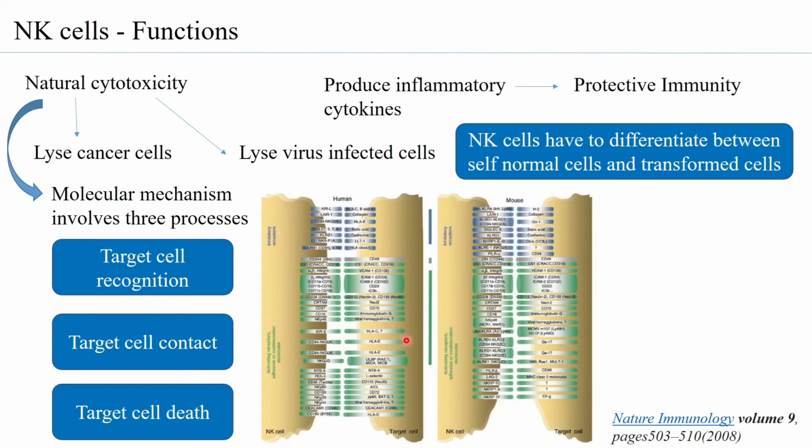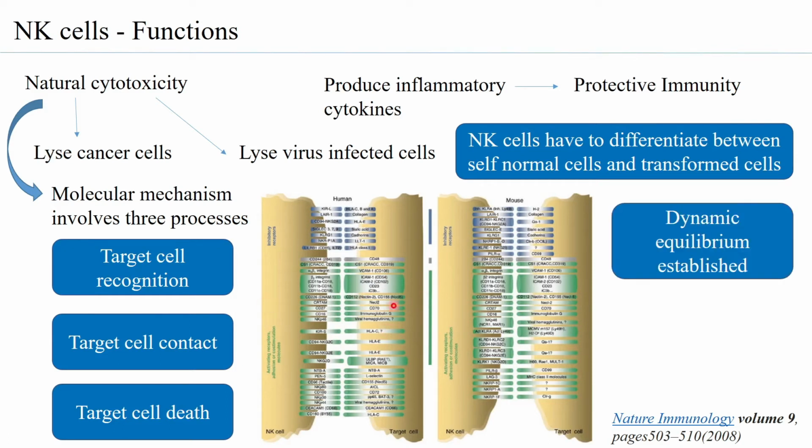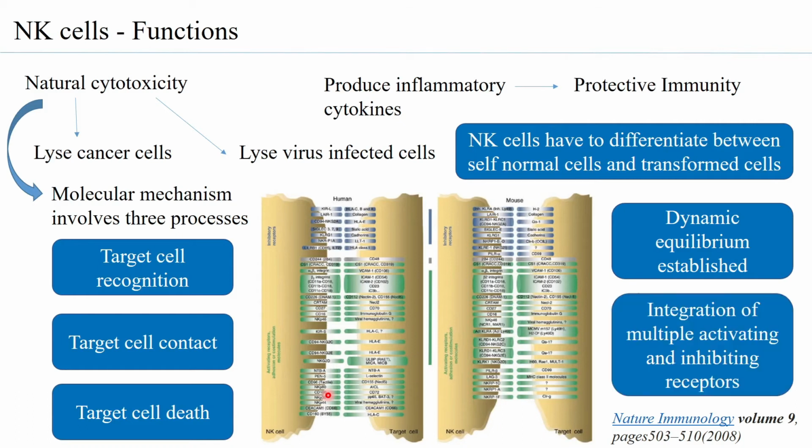But then what is also important is that with these interactions, a dynamic equilibrium has to be established. As in how many interactions are inhibitory and how many interactions are activating, and therefore depending on that equilibrium, it is decided whether the natural killer cell will kill or not.